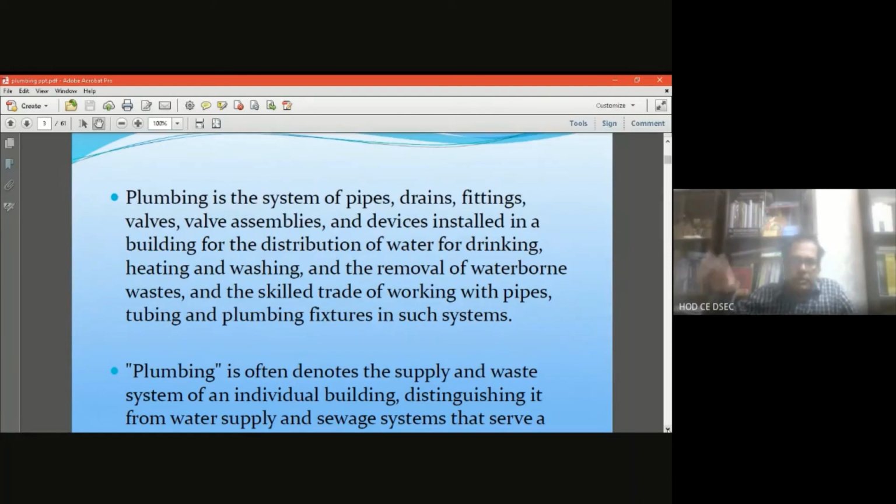That is also part of the plumbing, because the reservoir problem and capacity were discussed in different modules. The same thing can be considered in this plumbing system. Since I have already discussed the reservoir part, I have not discussed it separately in the plumbing portion.